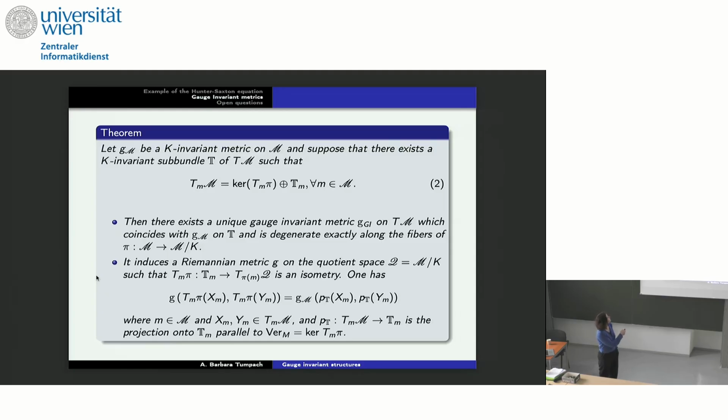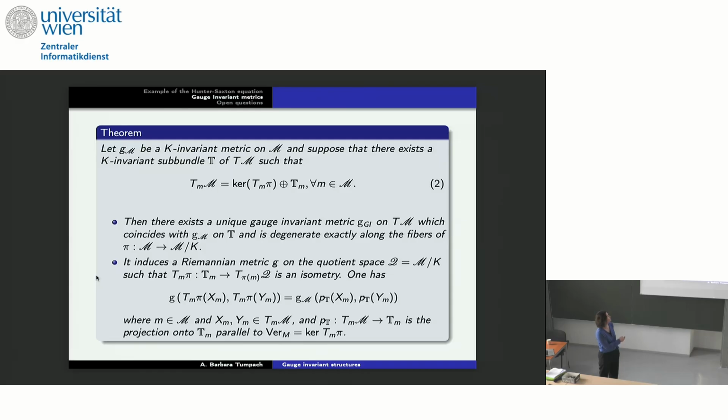And if you start with a Riemannian metric which is k-invariant on M, then what you do is exactly this formula down here. You define a metric on the quotient like this. If you start with two elements x_m, y_m, which are tangent at a given point m in the manifold M, you will project them.